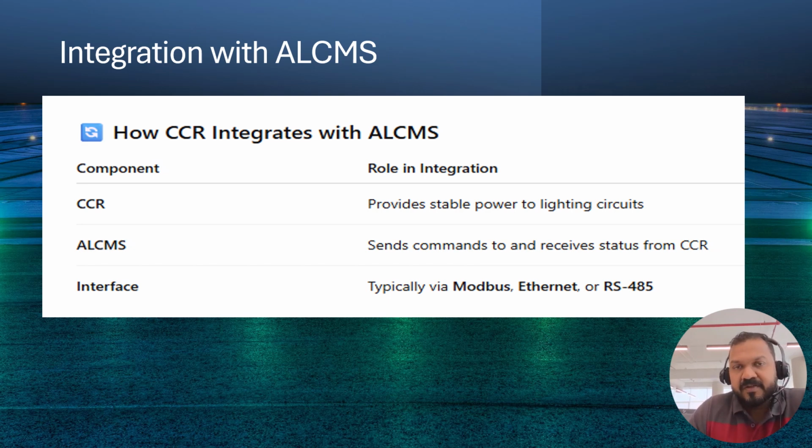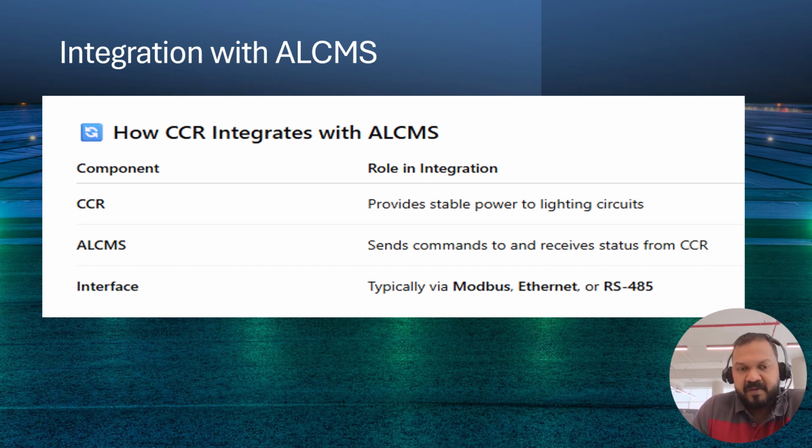Okay, CCR function, so in this case I can explain further. We can say field devices, controllers, and the monitoring. Here in the field devices, we can say the lighting system. It's the part of the airfield where all the lights are controlled. Then the controller, in between, is the CCR. This is the one feeding the power and controlling the lights.